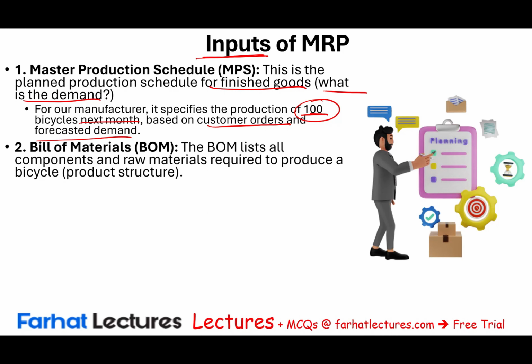Now from this schedule, from the master production schedule, we can create the bill of materials, or BOM. Well, if we need 100 bicycles, we need to list the components and raw materials required to produce a bicycle, or 100 bicycles in this situation. We need to know what our product structure is.